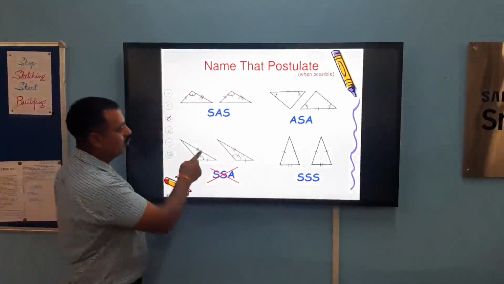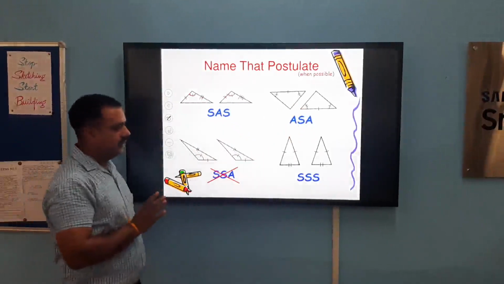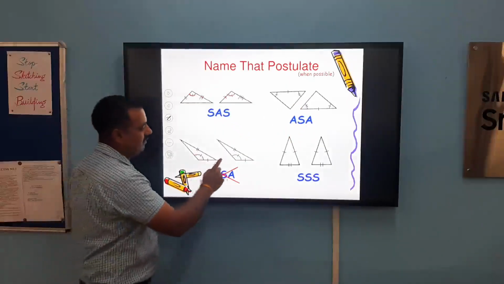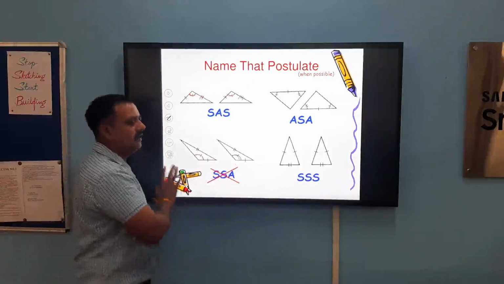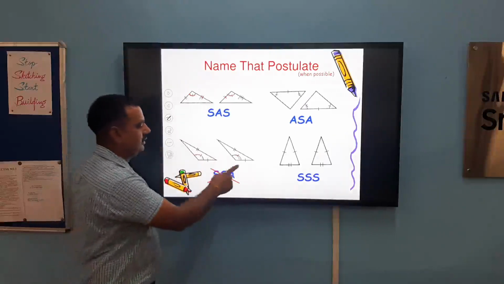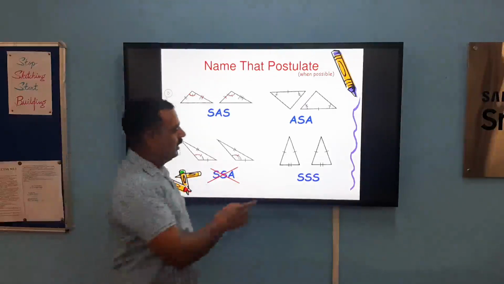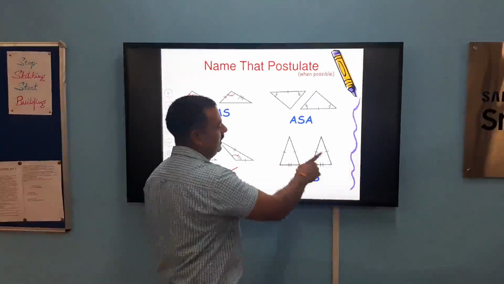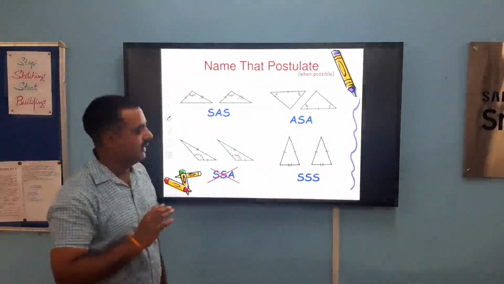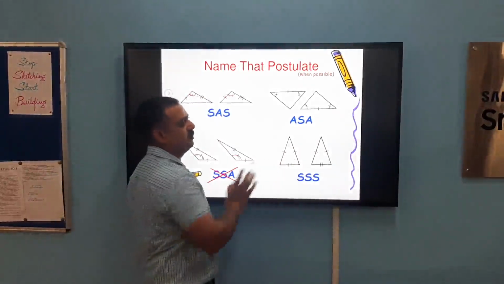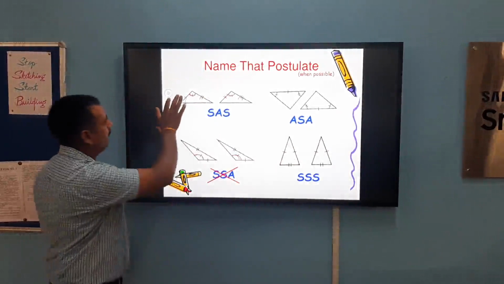Here two sides are equal, but the angle which is given equal is not the included angle, so SSA is not a postulate and it is wrong. In the third one, all three sides of one triangle are equal to the three sides of the other triangle, so the SSS postulate is used.